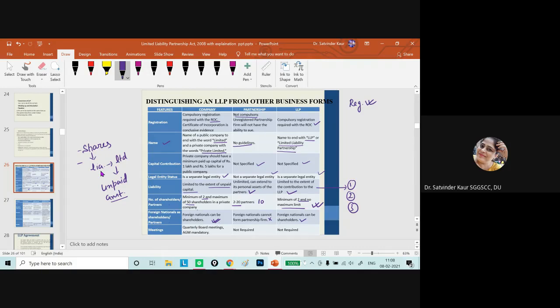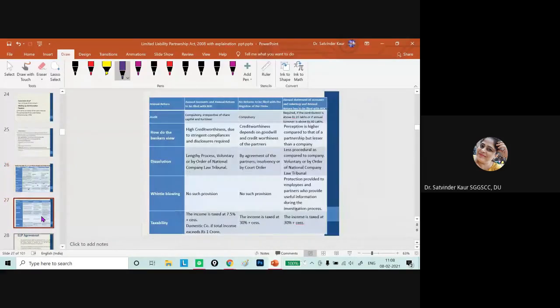Then if we talk about the meeting requirements, in case of companies, regular meetings are there, but no such requirement with respect to the partnership and the LLP. Annual returns are required to be filed with the ROC, and also in case of LLP. But in case of partnership firm, there is no mandatory requirement as such.